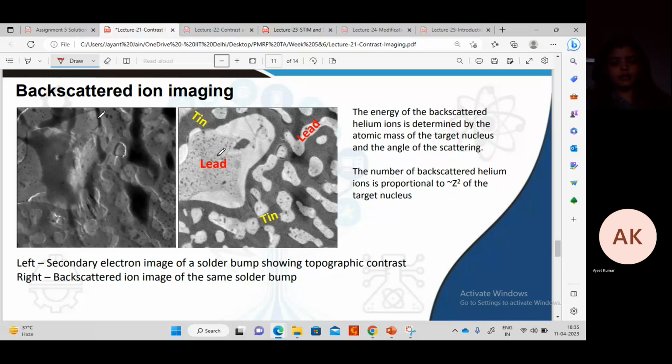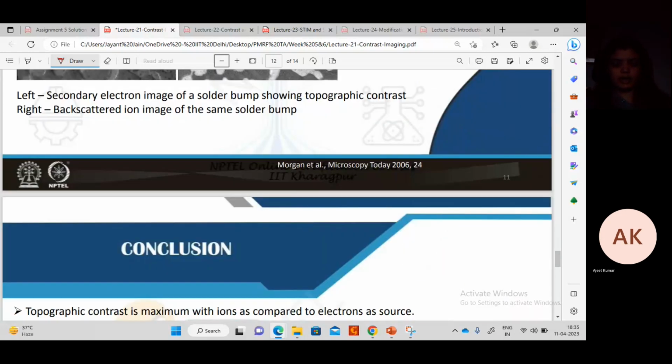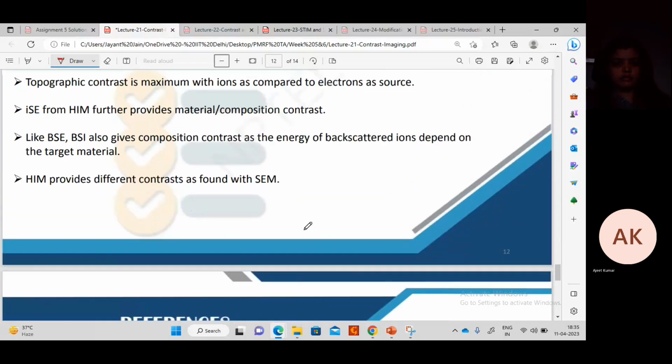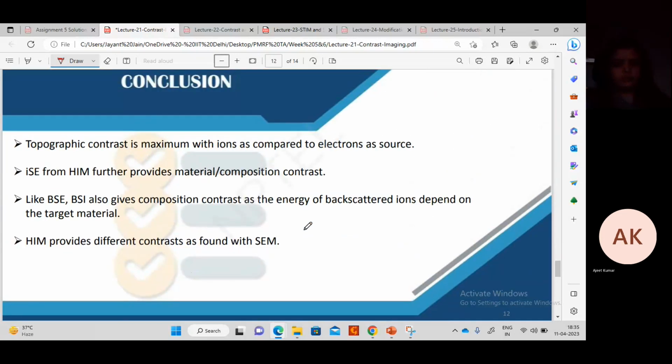So when you try to do ion imaging with backscattered electrons, you will be able to see the difference in contrast, similar to the one which happens in electron imaging also.